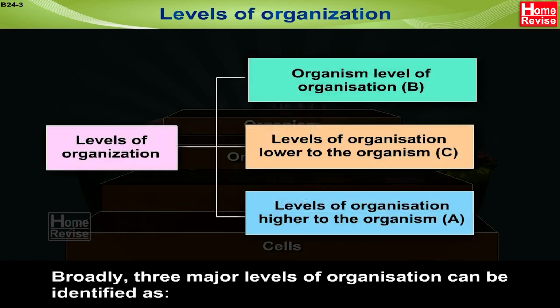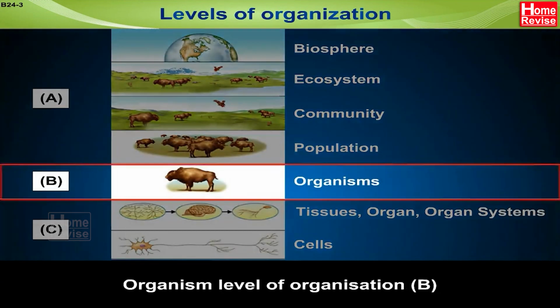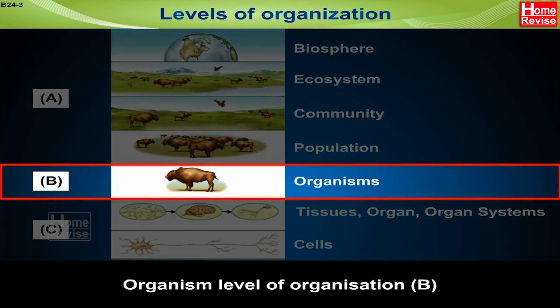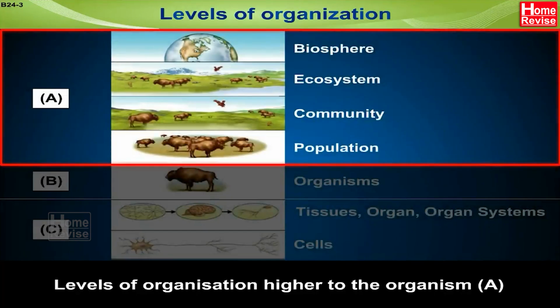Broadly, three major levels of organization can be identified as: A, organism level of organization; B, levels of organization lower to the organism; C, levels of organization higher to the organism.